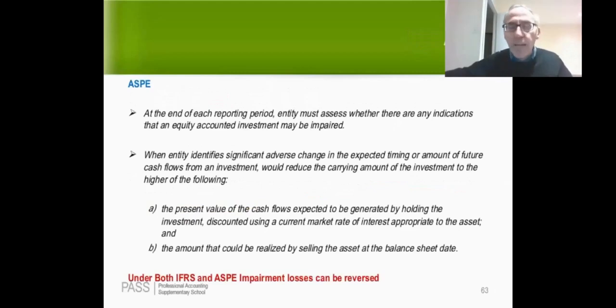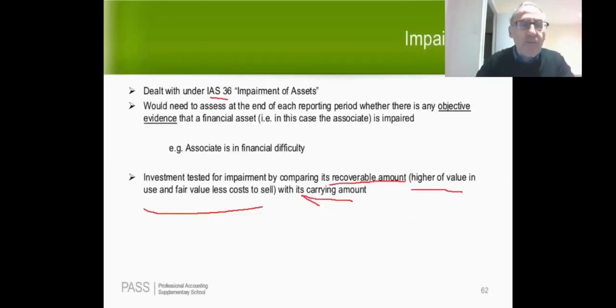Under ASPE, you may recall that when Ira taught the section on impairment of assets, equity accounted investments did not fall under the equivalent to IAS 36. There is a handbook section under ASPE, I think it's 3473, which is the equivalent of IAS 36 under IFRS. That's the handbook section under ASPE that deals with impairment of assets.